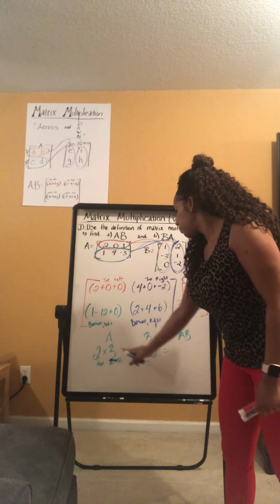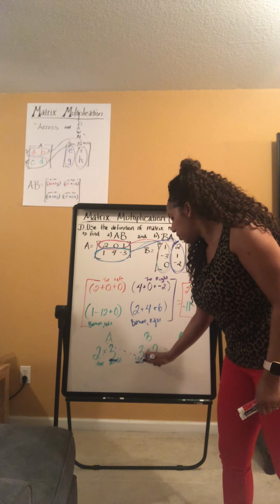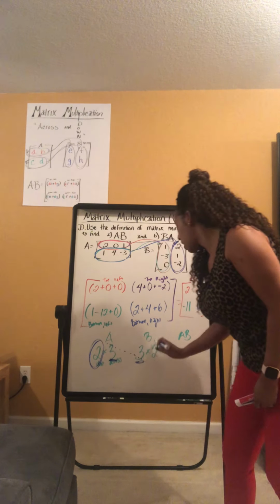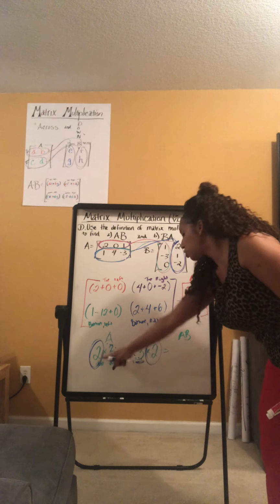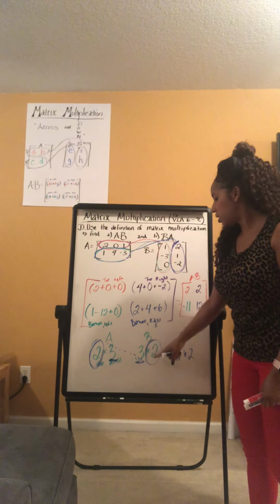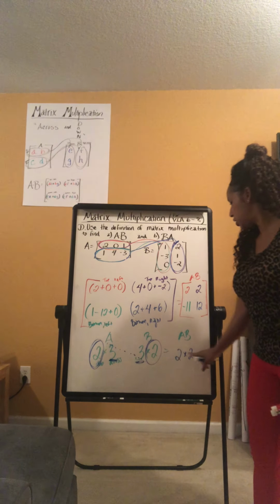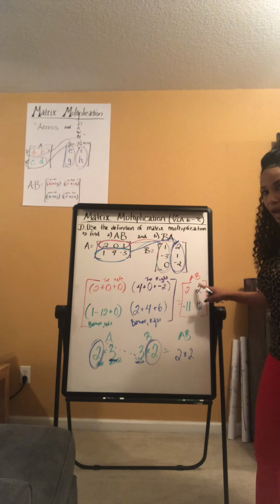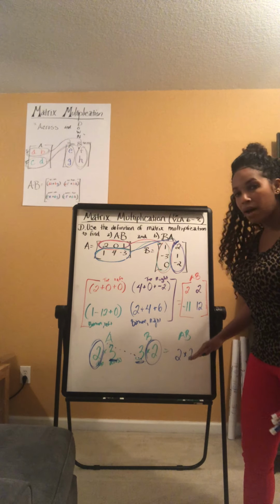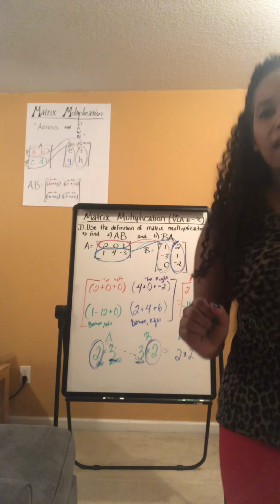But because the numbers in the middle match, I can cancel those out, and the size of the answer is whatever the first and the last terms were. So a 2 by 3 times a 3 by 2 gives a 2 by 2, and that is exactly what AB is. Let's keep that in mind. Before we even start, we want to make sure it's possible and see what size the answer would be. Okay, I'll be back for B times A.